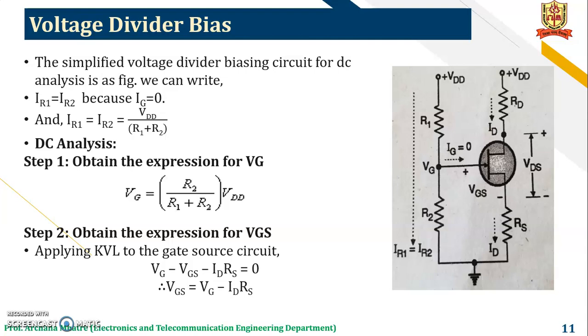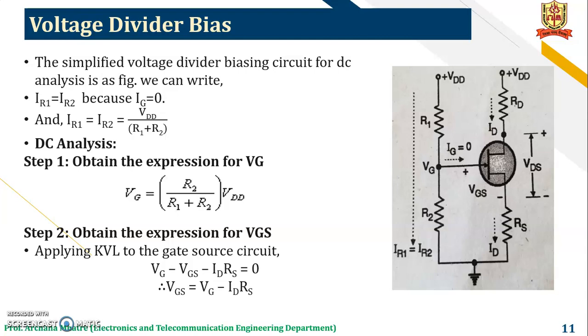We can write IR1 is equal to IR2 because Ig is equal to 0. And IR1 is equal to IR2 is equal to VDD divided by R1 plus R2. The DC analysis of this circuit, first step is to obtain the expression for VG.